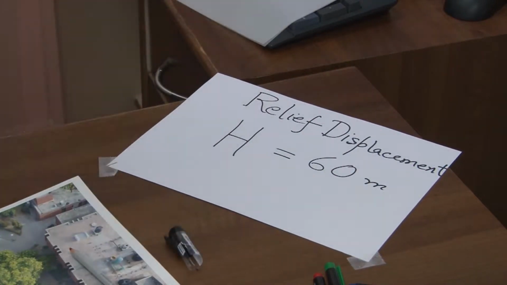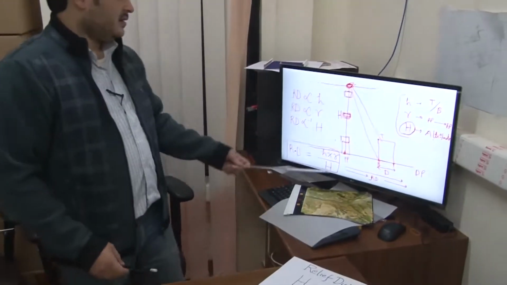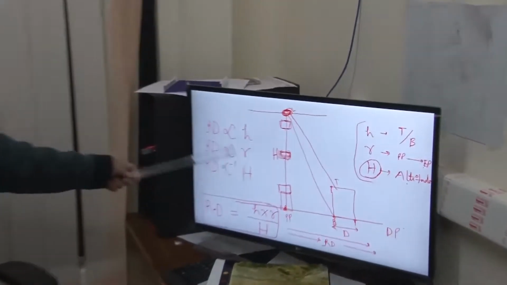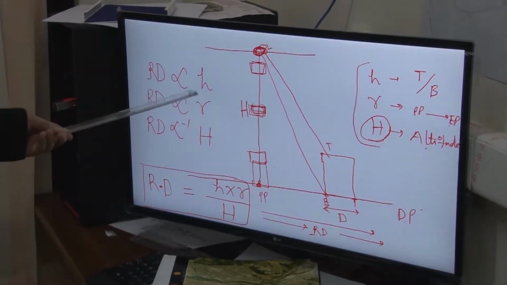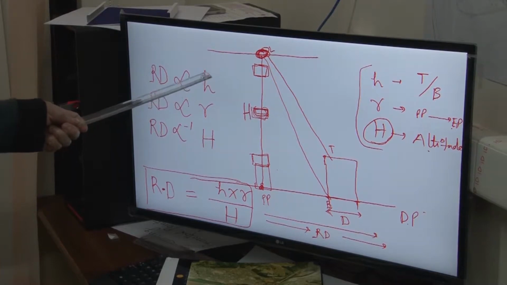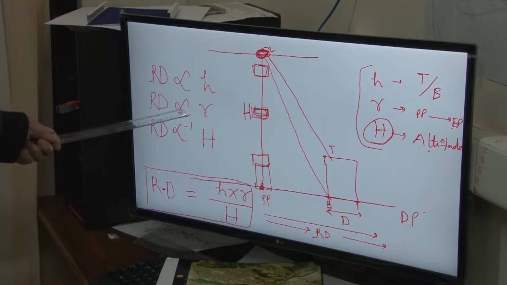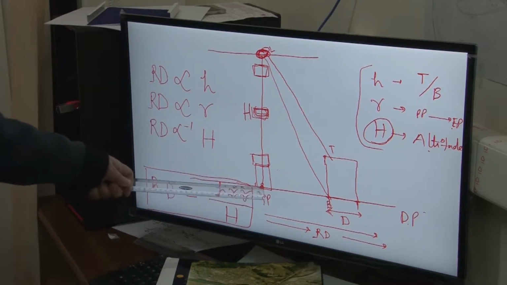And you know the formula for relief displacement, what you learned from the lecture. Relief displacement is directly proportional to the height of the objects, or any building. Relief displacement is directly proportional to the radial distance from the principal point.